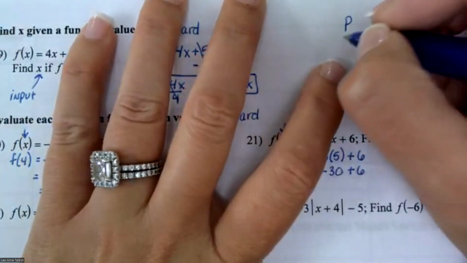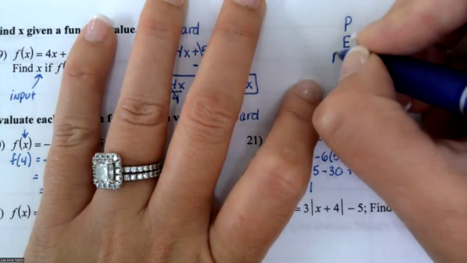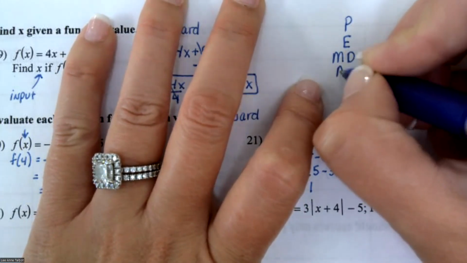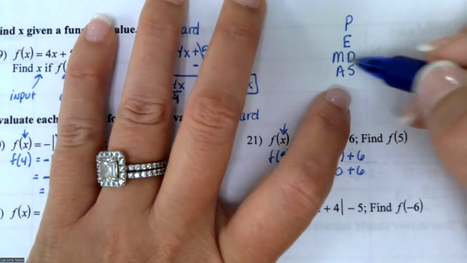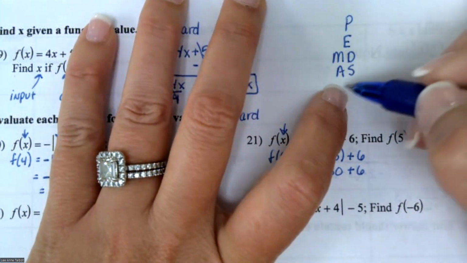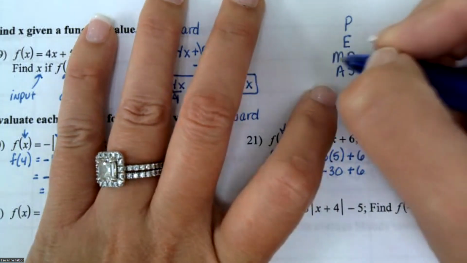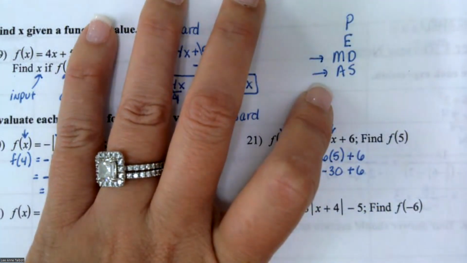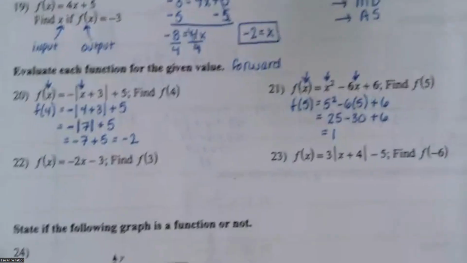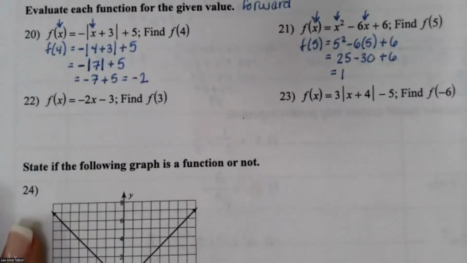Let me show you what it looks like actually. So multiplication and division are actually on the same level, and addition and subtraction are on the same level. When you have multiples of these, you're supposed to go left to right. Okay, I love that question.